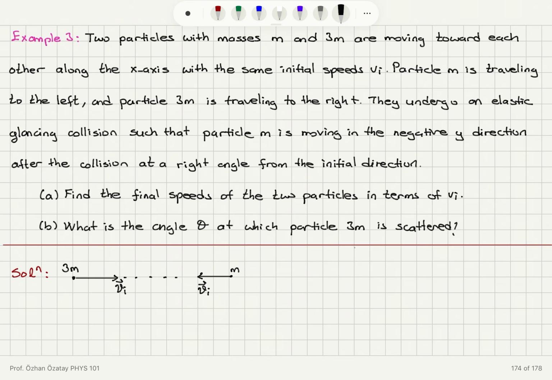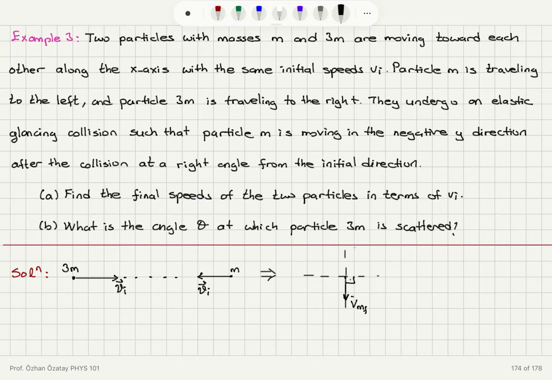So I see that after the collision I have the following situation. A particle with mass m is going down, making a 90-degree angle with the horizontal.